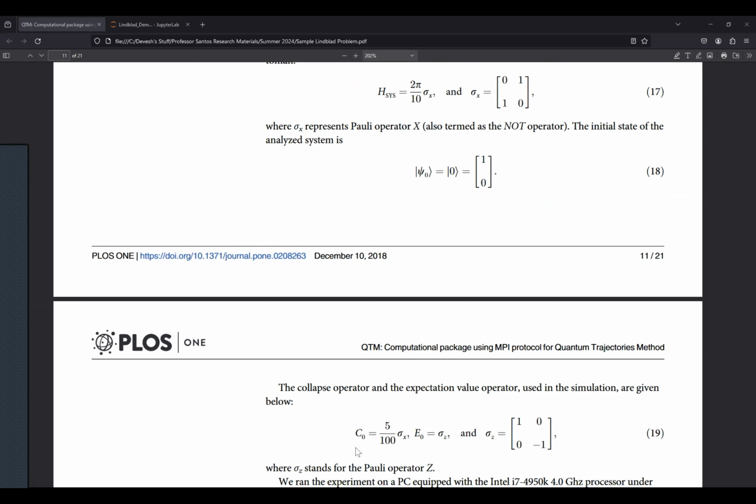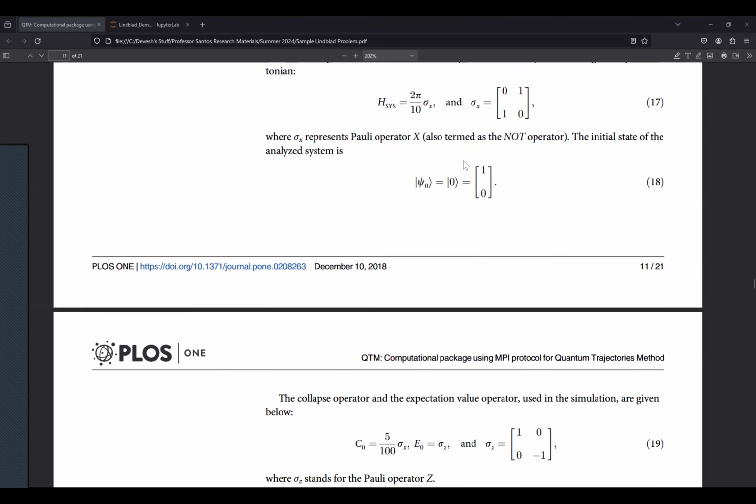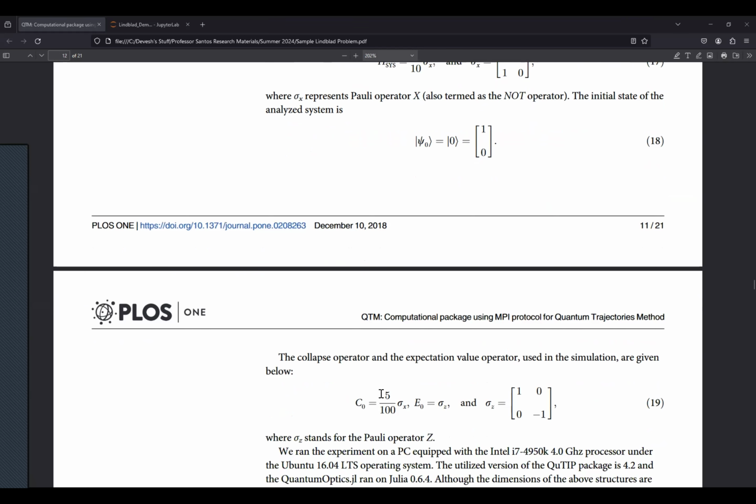Okay, I don't understand what is the total Hamiltonian of this system, but maybe as you proceed. You mean including the environment? Because I don't understand what C0 is. Okay. So C0 is the dissipator.